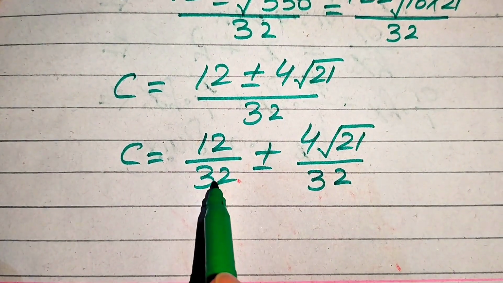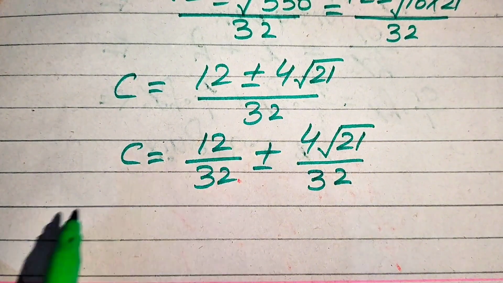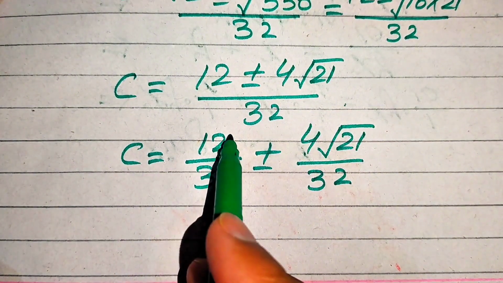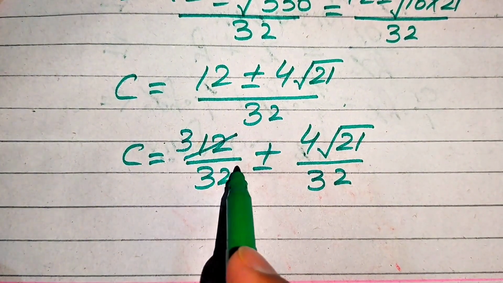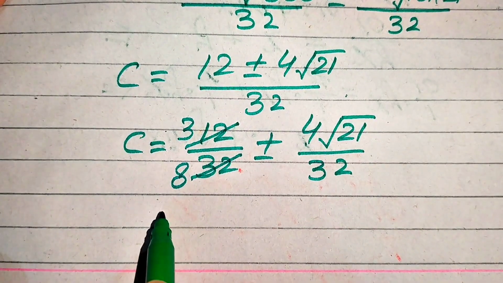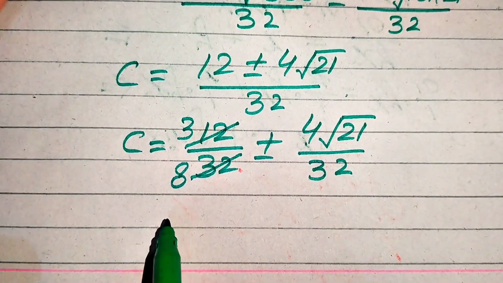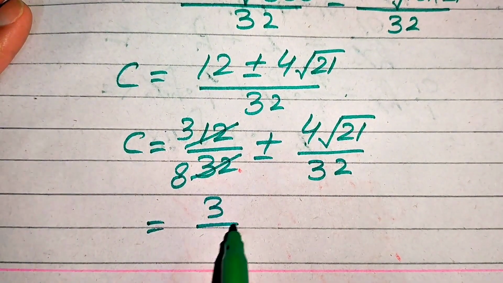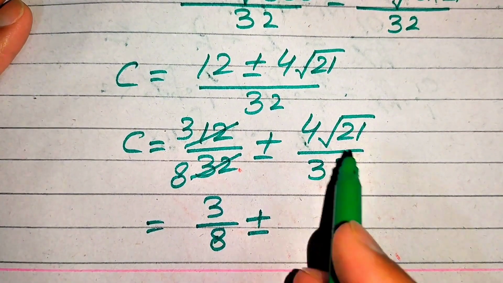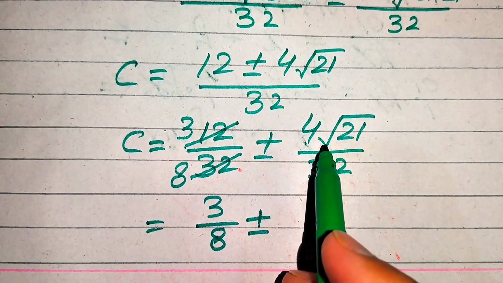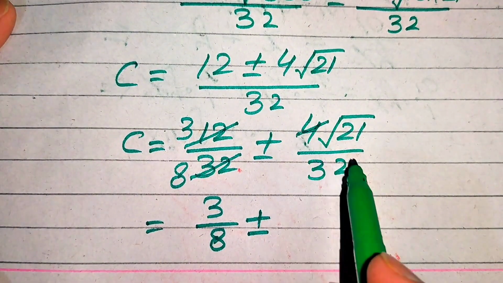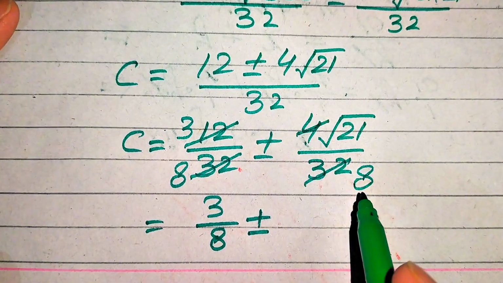So here we need to cancel these terms, so we cancel this term by the table of 4. So we have 4 3s are 12 and 4 8s are 32. So here we have 3 over 8 plus minus, this is also cancelled by the table of 4. 4 1s are 4 and 4 8s are 32.